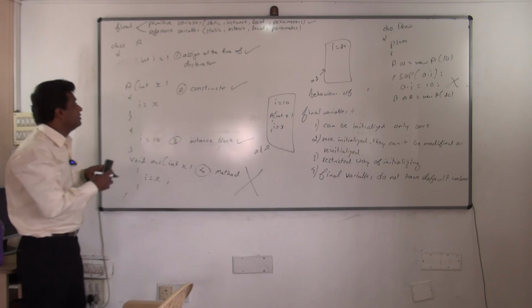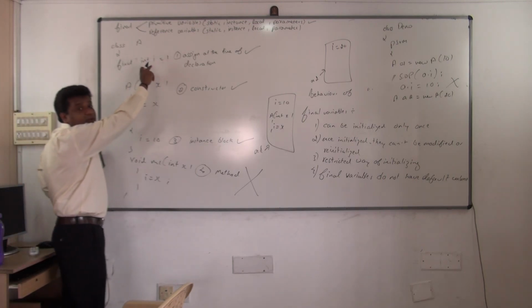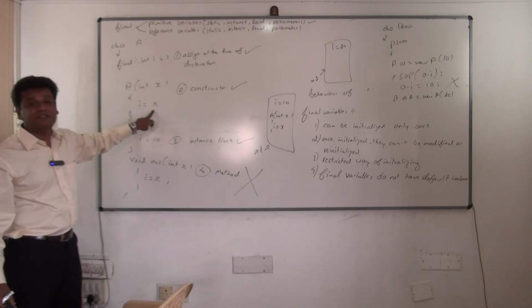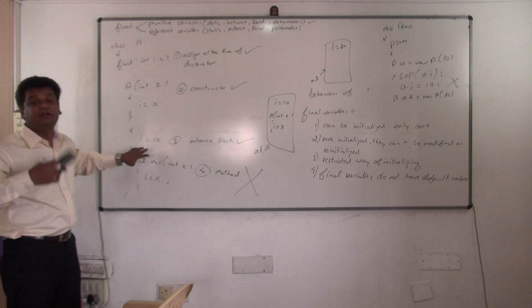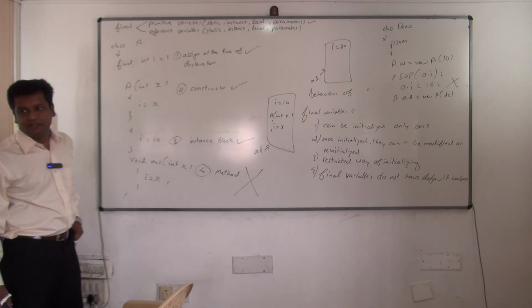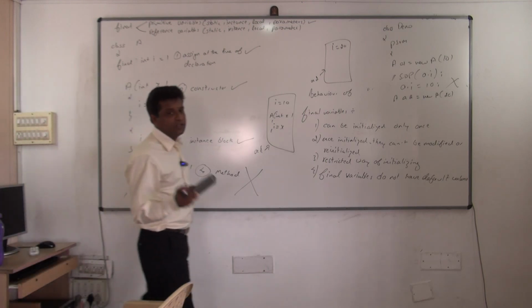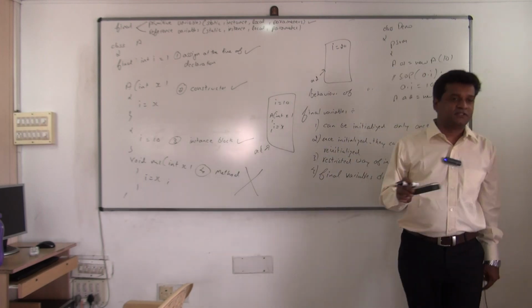When the instance is created, instance variables will come into existence and they'll have either the default value or whatever is assigned. But once the constructor completes execution, they can be modified, or if you call the method, it can be modified. But that is not the case with final variables. Final variables are initialized only once. Where you want to initialize, you do it. But for instance variables, only three places.